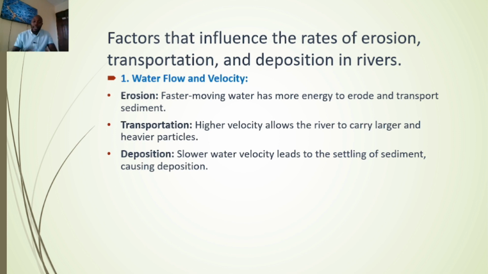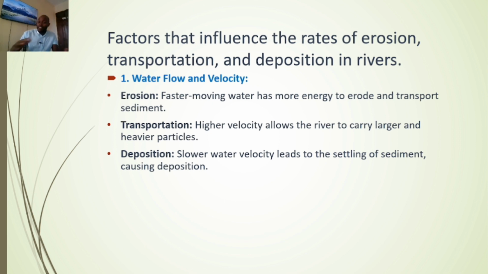So in an exam, when you are asked how one of the factors causes deposition in a river, we talk about slow water velocity. I think it's clear, guys. I think you understand this very well. So deposition happens when water moves slow, when the velocity of that water has reduced.